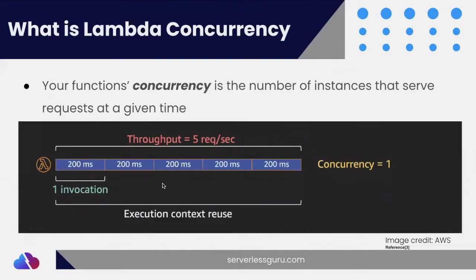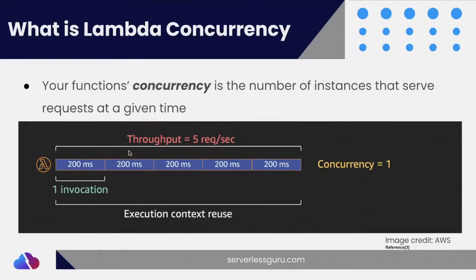So a Lambda function's concurrency is the number of instances that serve requests at a given time, which means if you look at this graph, suppose you have a function and it takes 200 milliseconds on average or max to process a single request.